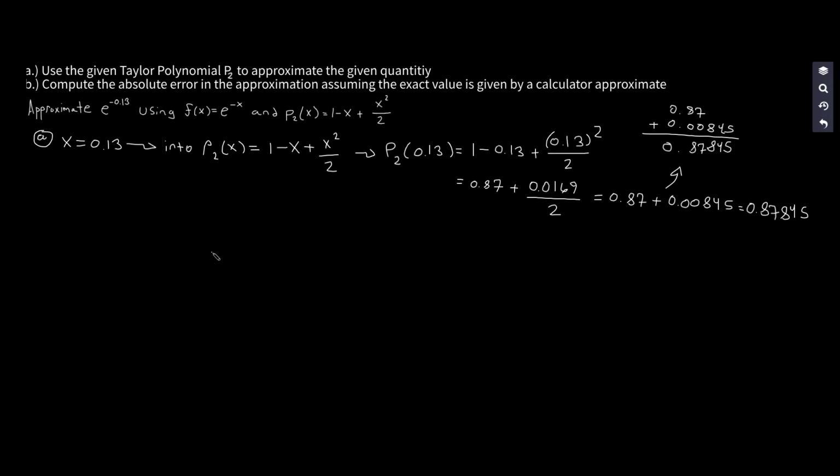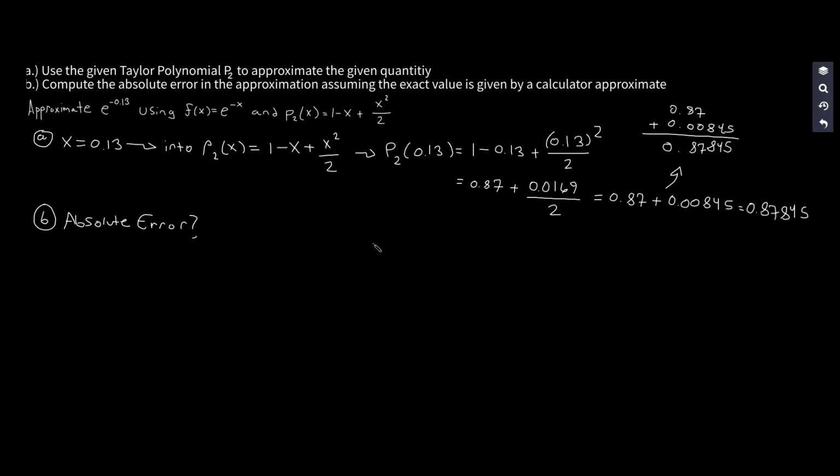Part B, we're asked to compute the absolute error. What's the absolute error? The absolute error is like the positive difference between the true value, what the value actually is, and our approximation.